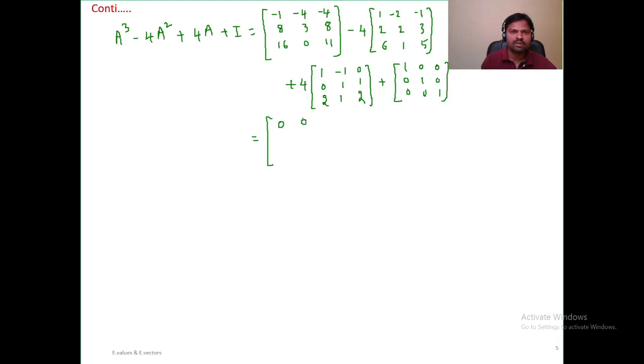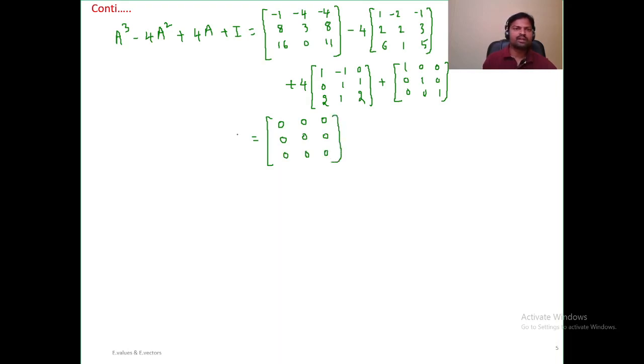Next entry: minus 4 plus 4, 0, plus 4 into 0, 0, 0 plus 0, 0. Next, 8, minus 4 into 2, minus 8. So 8 minus 8, 0, plus 4 into 0, 0, plus 0, 0. This entry is 0. Next, 3 minus 8 minus 5, minus 5 plus 4 minus 1 plus 1, 0. Similarly, all these entries will be 0. Check once.